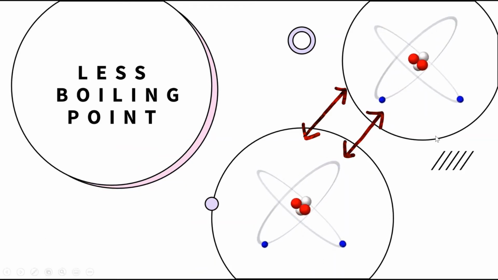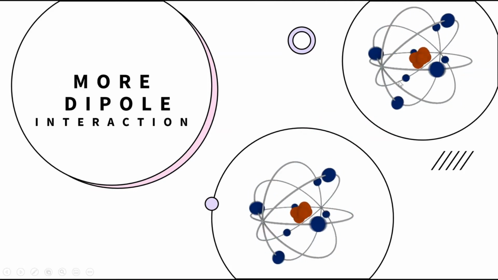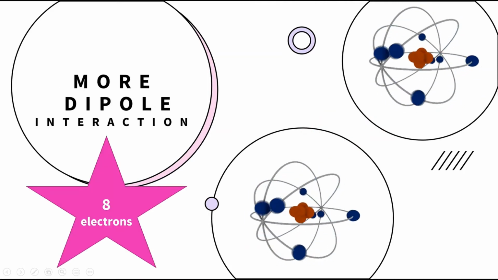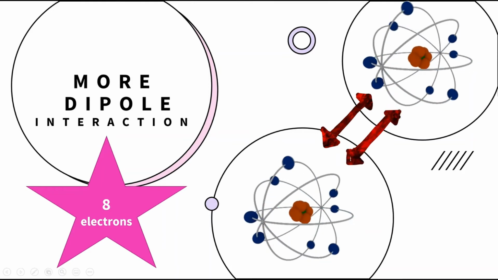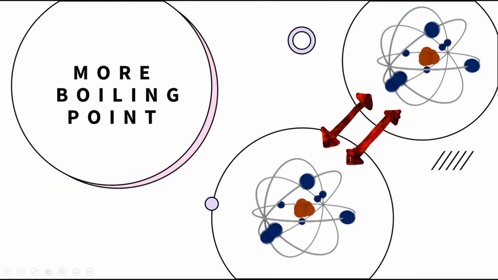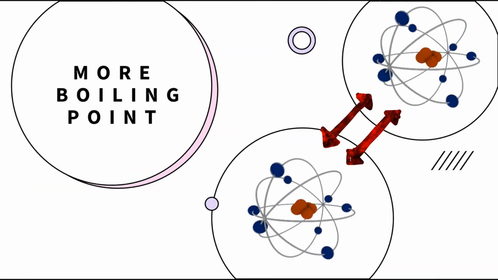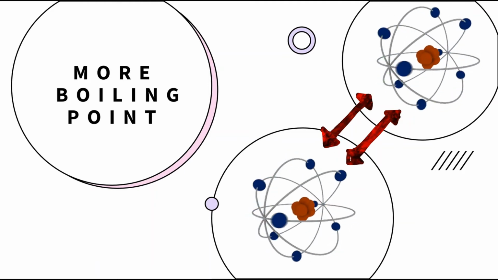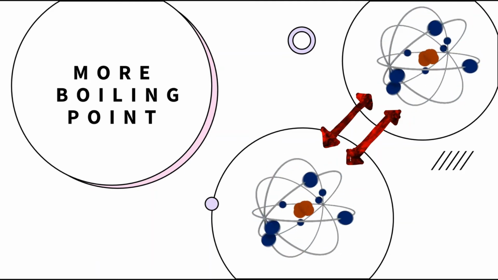If the intermolecular force of attraction is weaker, then we need less energy to break these bonds, and hence the boiling point will be lower. On the other hand, if the dipole interaction is stronger, for example with 8 electrons, then we need more energy to break these bonds, and hence it will have a higher boiling point.